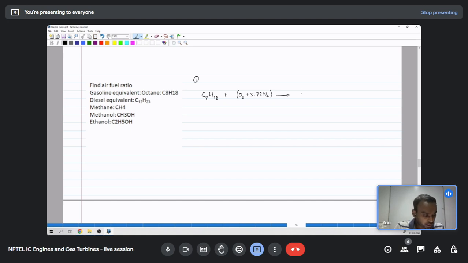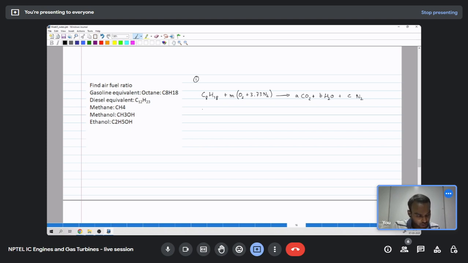Now we will have CO2. For stoichiometric, we will have pure combustion, complete combustion, that is CO2, H2O, and N2 alone in the products. So now we can assume some value m here, and then a, b and c here. Now we can calculate what will be the value of m.